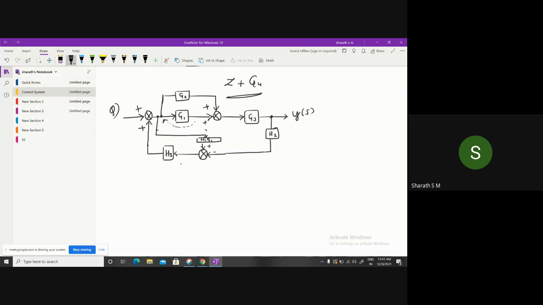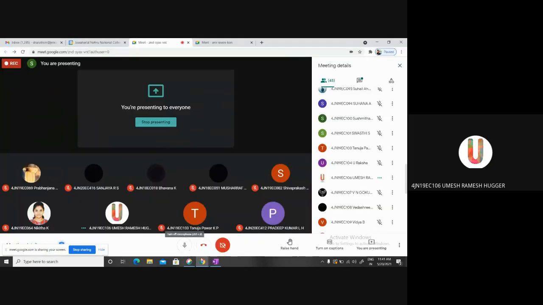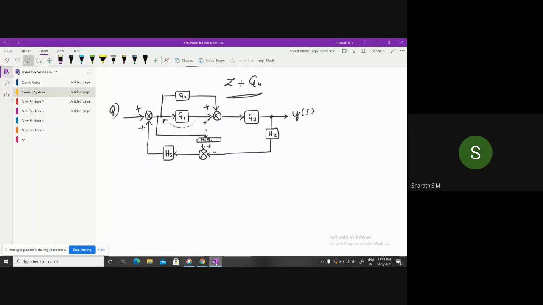At the same time, what about this G2 and G1? Parallel, sir. So parallel means, what's the equation for this? G1 plus G2. So at the same time, make this as G1 plus G2.